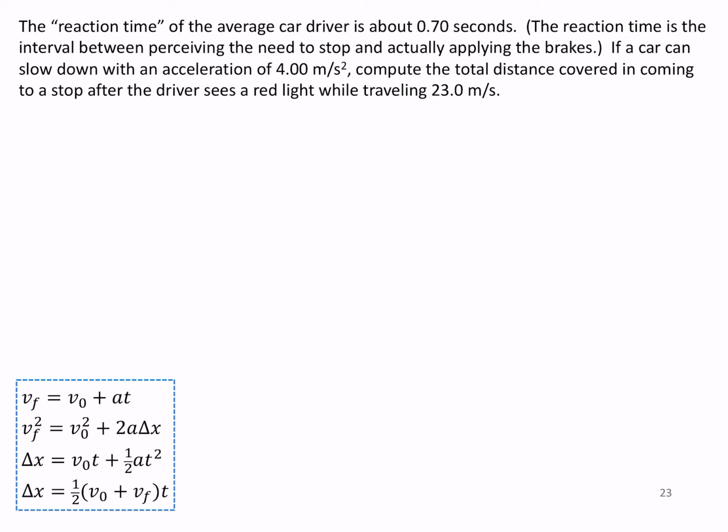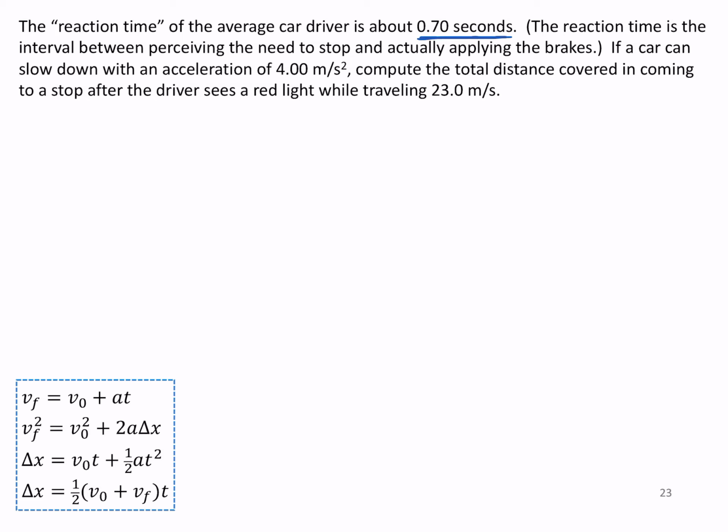And this builds in reaction time, which is a more realistic way of looking at the total stopping distance that a car and a driver in it has. So on average, it tells us that the reaction time of a car driver is about 7/10 of a second.